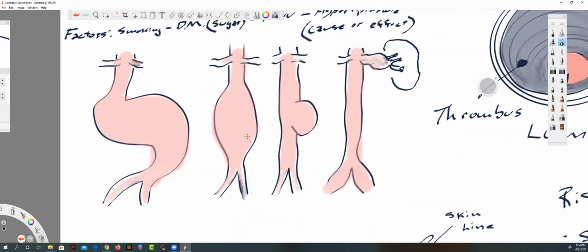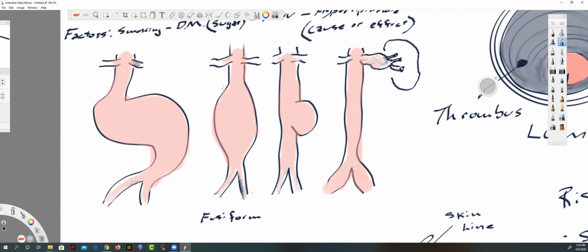I'm going to start with this shape here. This is probably the most common. This is called fusiform. A fusiform aneurysm is kind of like a diffuse type of aneurysm.